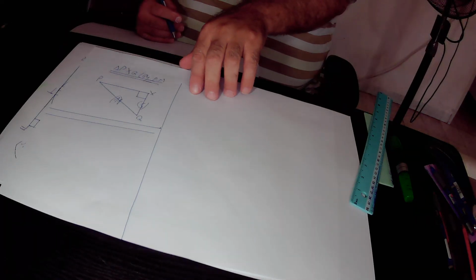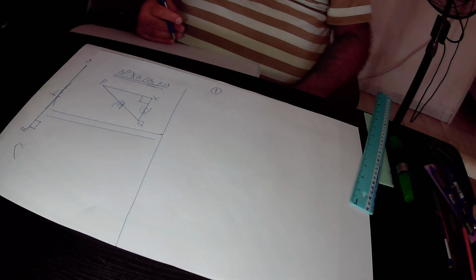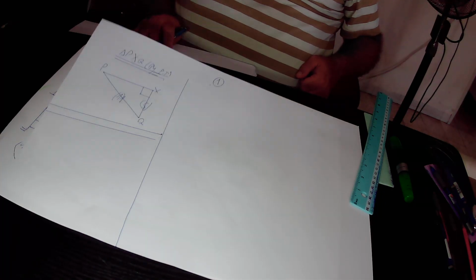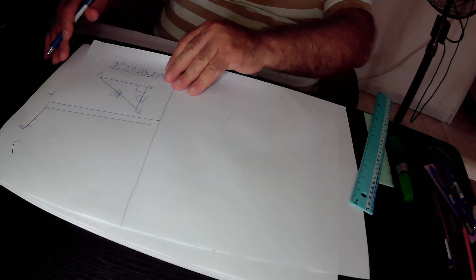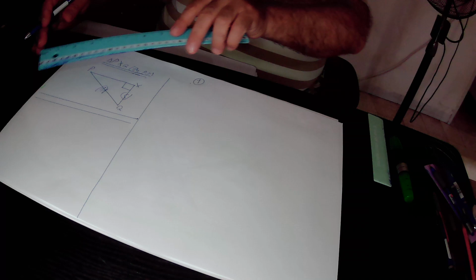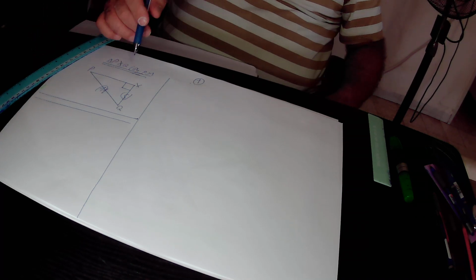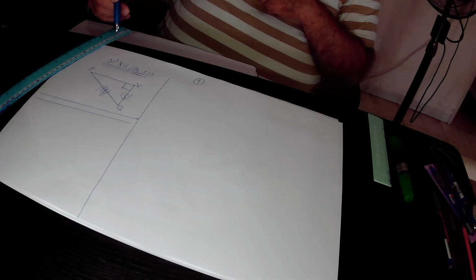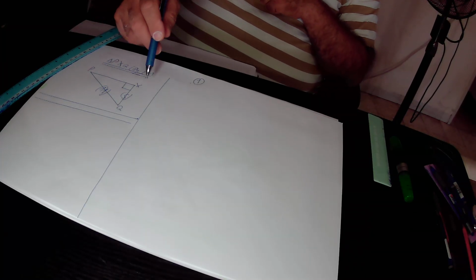So actually, this is the right triangle PXQ according to the original drawing. In this right triangle PXQ, PQ squared, that is the square of the hypotenuse, equals PX squared plus XQ squared.